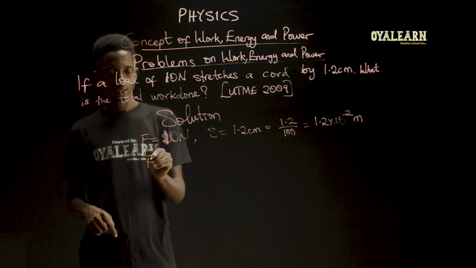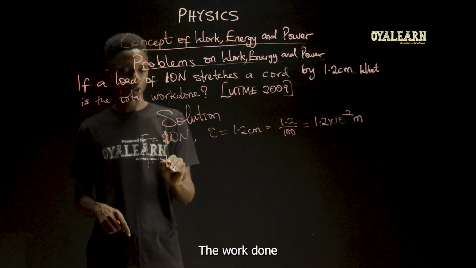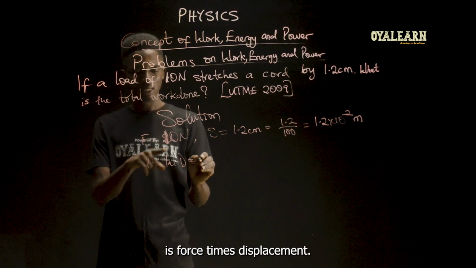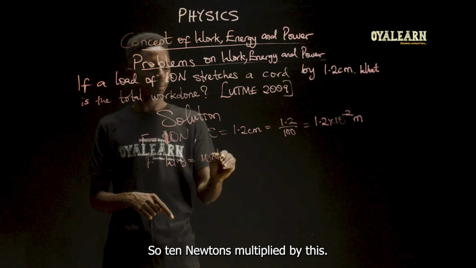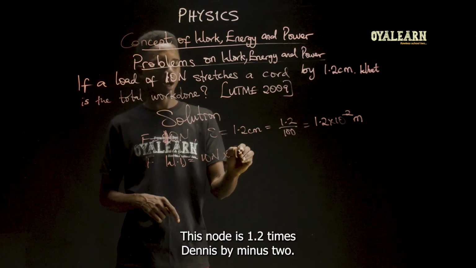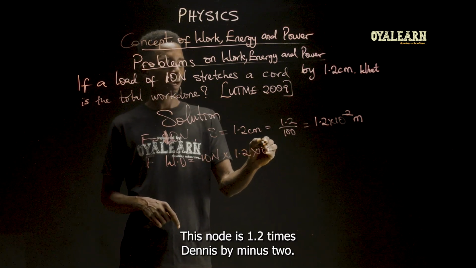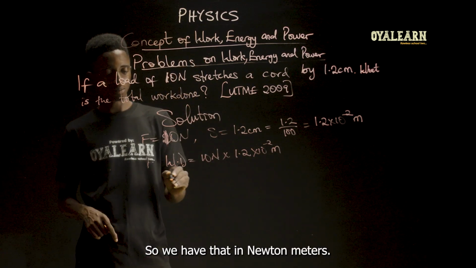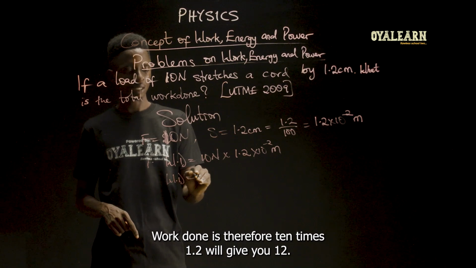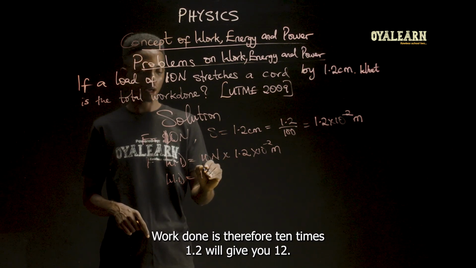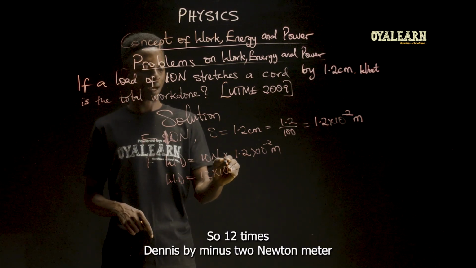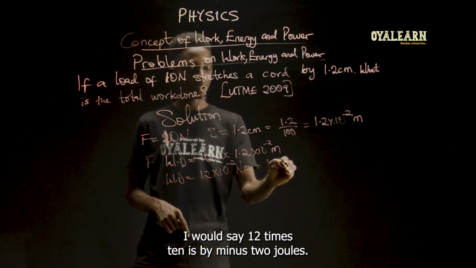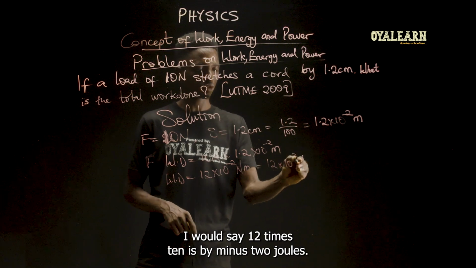The work done is force times displacement, so 10 newtons multiplied by displacement, which is 1.2 times 10 raised to the power minus 2. This is in meters, so we have that in Newton meters. Work done is therefore 10 times 1.2 will give you 12. So 12 times 10 raised to the power minus 2 Newton meter, or we say 12 times 10 raised to the power minus 2 joules.